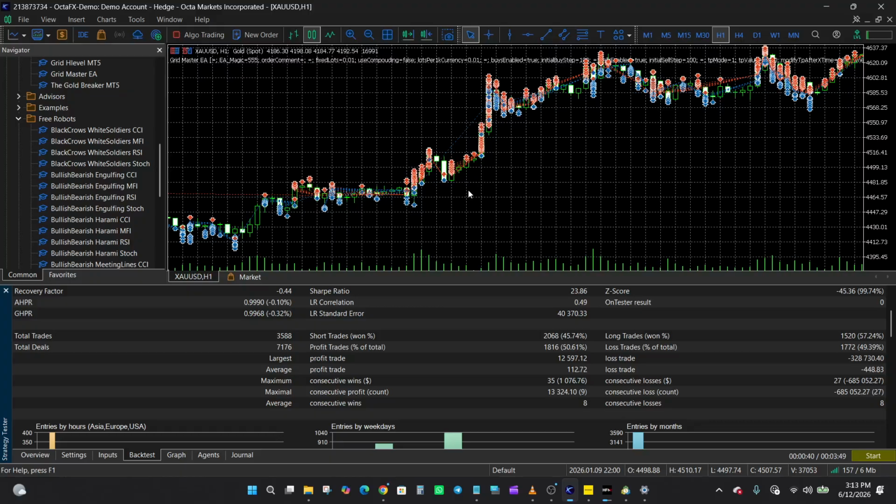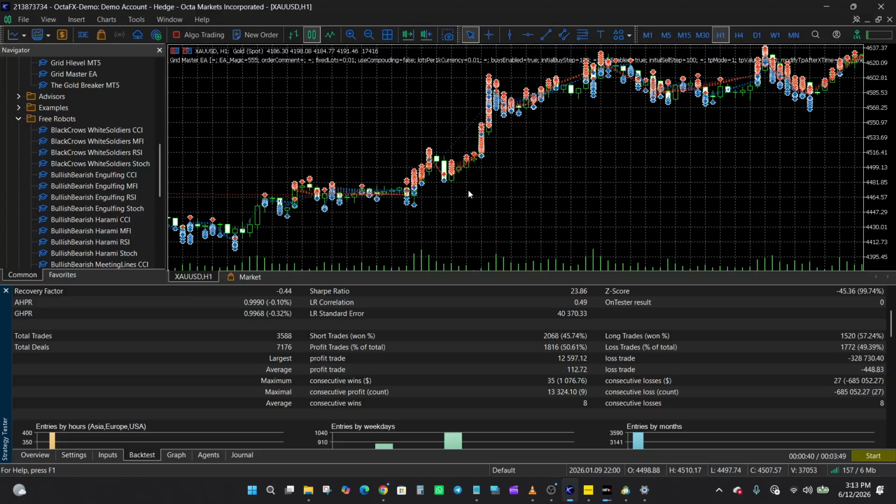Looking at the historical testing performance, it's also worth remembering that results can be influenced by risk settings, lot size selection, broker execution quality, spreads, slippage, market conditions, and user optimization choices. For that reason, I'll still recommend running longer term testing yourself as well, so you can get a more comprehensive understanding of how the EA behaves across different market conditions.